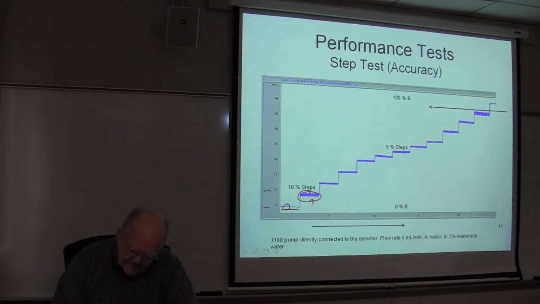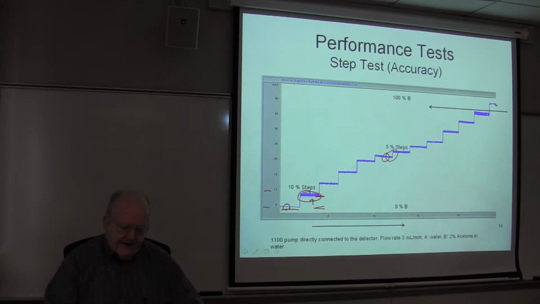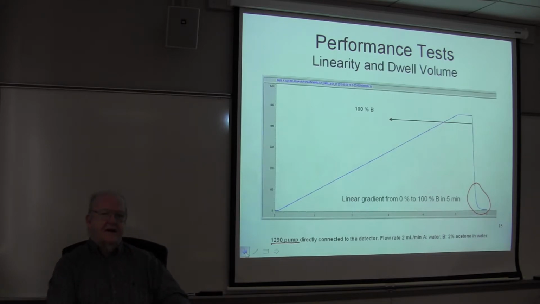Up here, it's a 5% step, and what you do is you measure to make sure that this is in fact 10% of the total change when you go all the way up to the final. And you make sure that this is accurately 5% of the total change. And if it were, say, 3%, your pumping system is not doing a very good job. You would not get that kind of trace if you did a linear gradient.